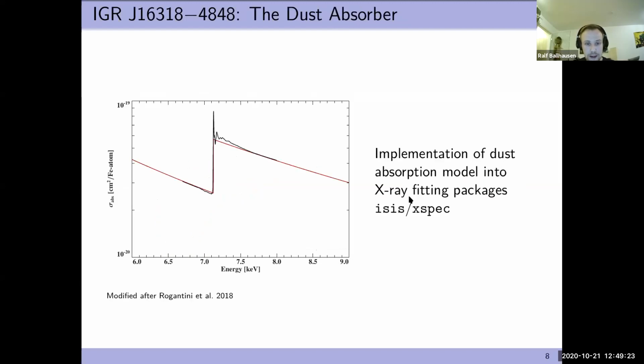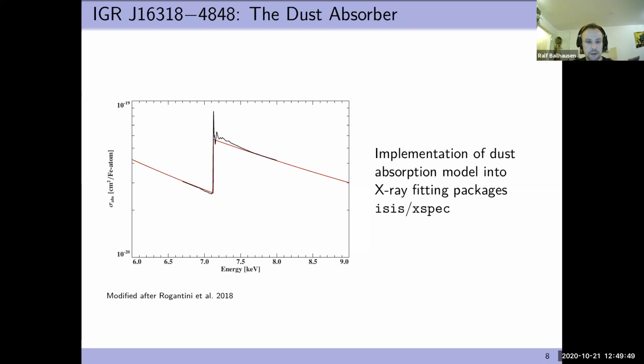Nevertheless, we looked at the K edge absorption fine structure, or also edge shape, and this is based on laboratory measurements by Daniele Organtini, who also measured how these absorption cross-sections look like around the edge for different dust species, dust compositions.